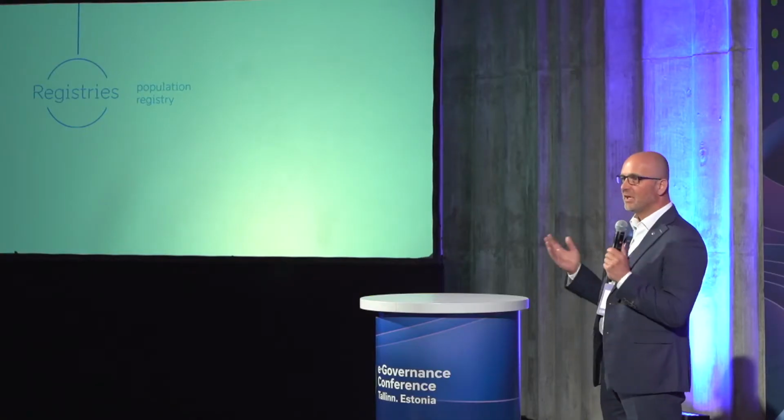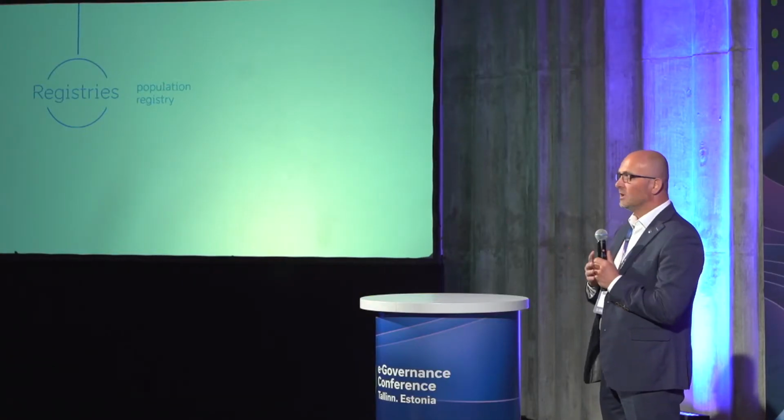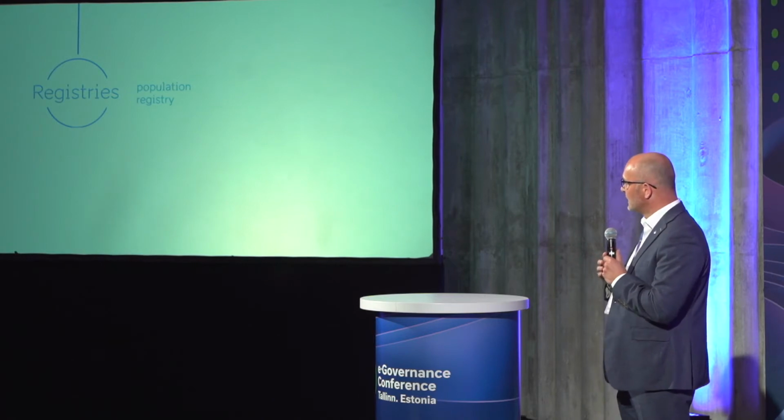People get it when they are born in Estonia, like babies. And this number remains with them till they die. Actually, this goes even beyond, because then the information will go to the archives. So basically you live forever behind this number.